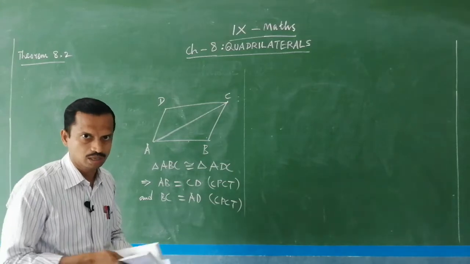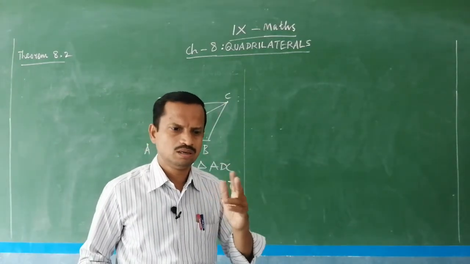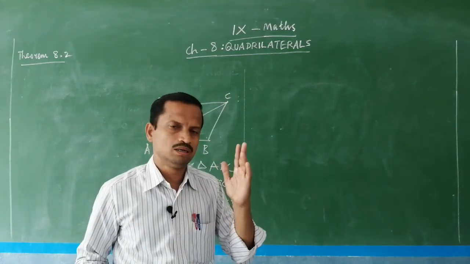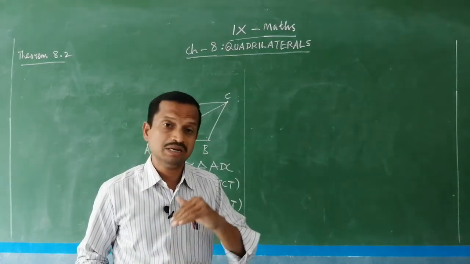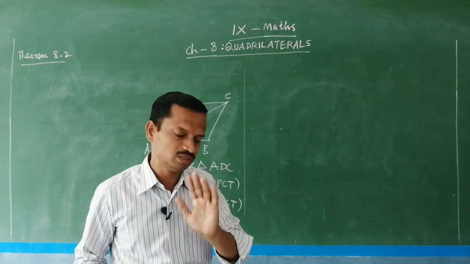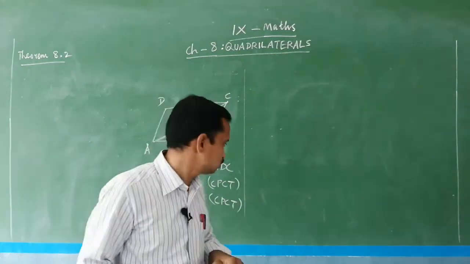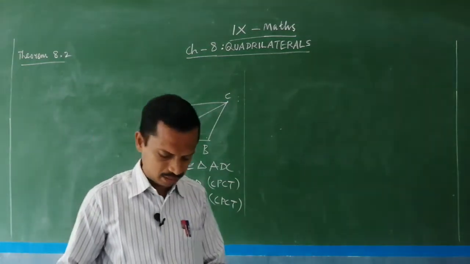Conversely means we have to say it in an exchanged manner. That means, if in a quadrilateral opposite sides are equal, then it is a parallelogram. Is it clear? That is called the converse.